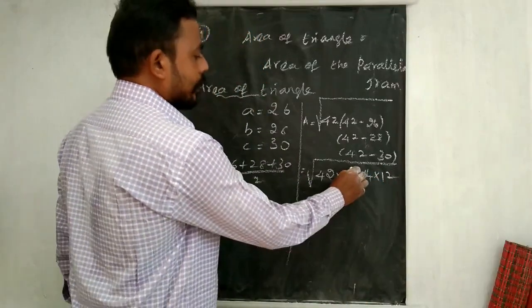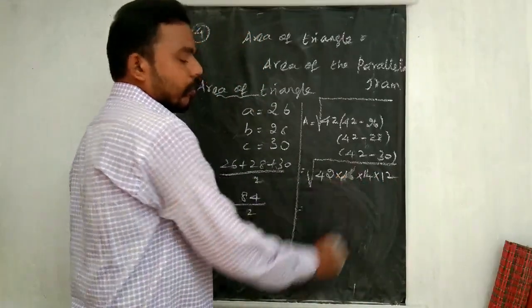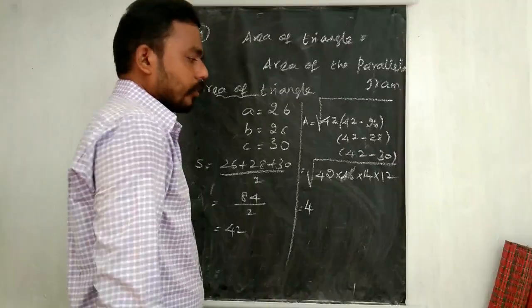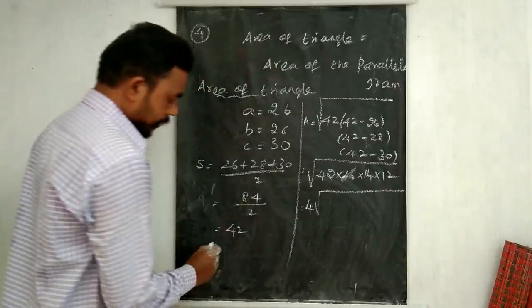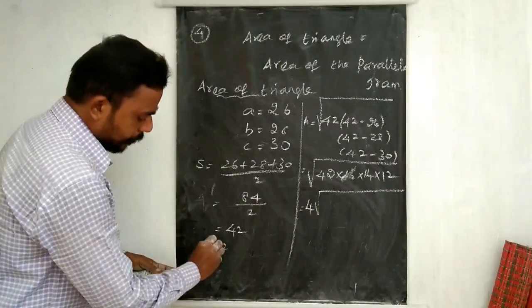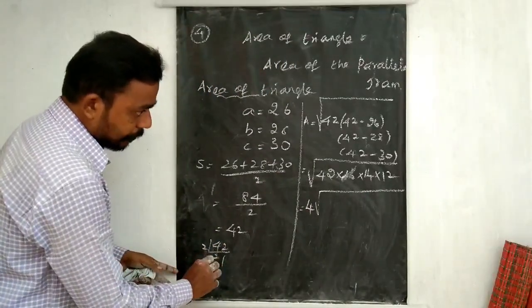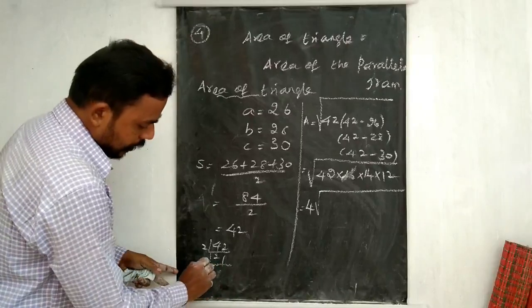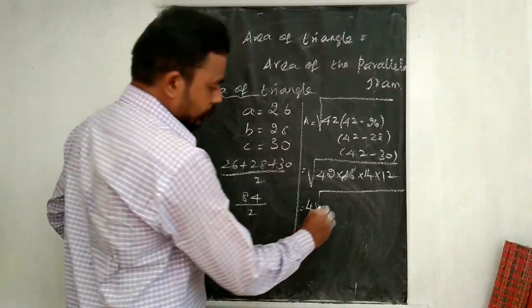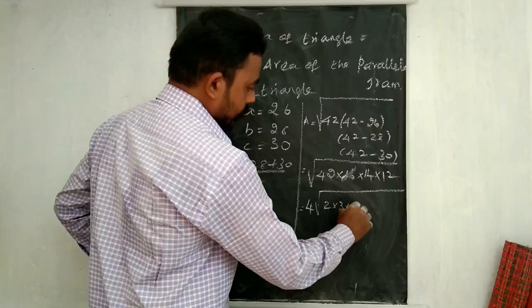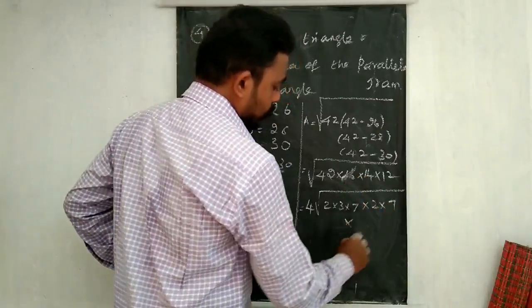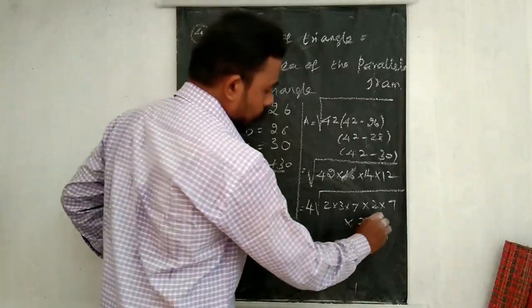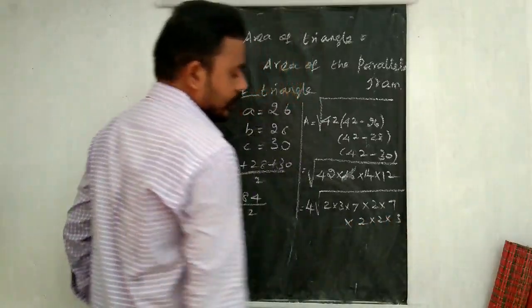Now 16 is a perfect square number. We can write 4 squared, so 4 we can write outside. The remaining we can split by using prime factorization. For that, 42 to 21, remaining 3 is 7: 2, 3, 7. 14, 2 7s are 14. 12, 2 2s are 4 into 3.